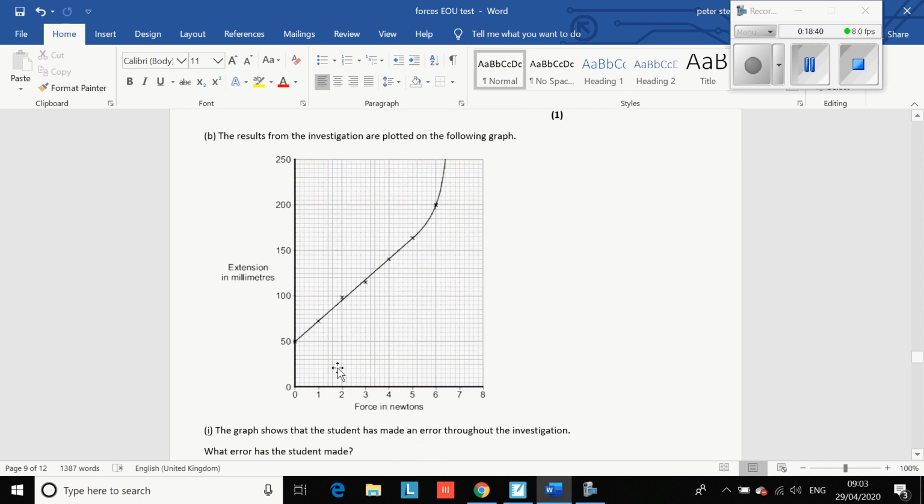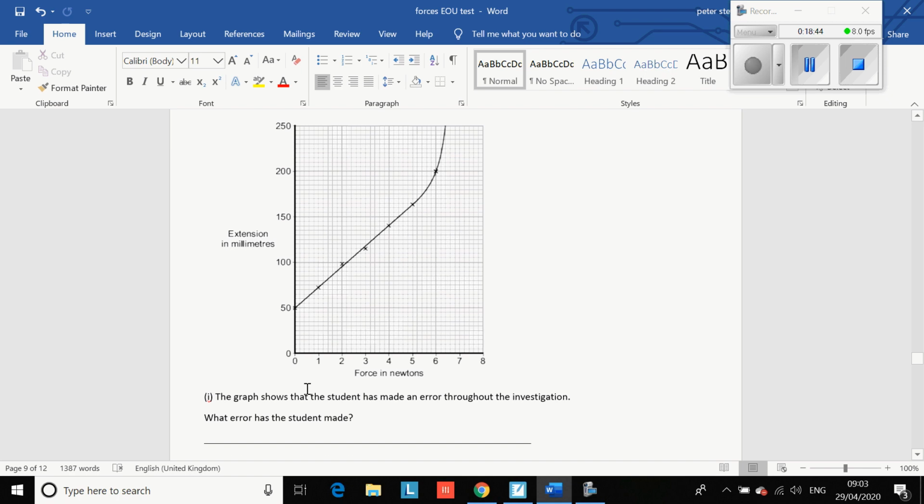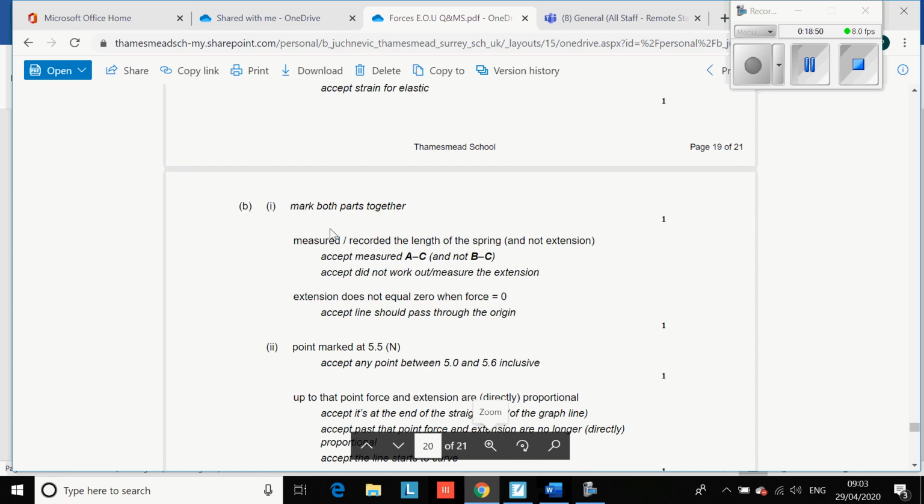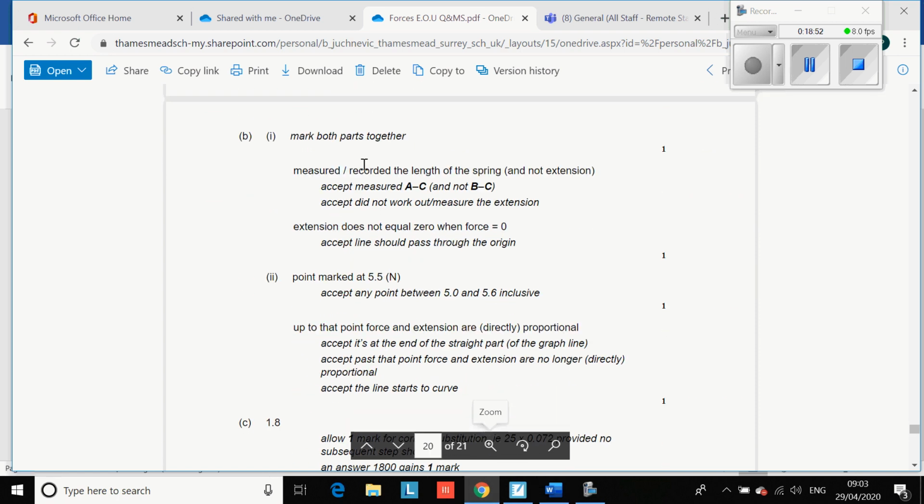The results from the investigation are plotted on the following graph. So you've got the extension in millimeters against the force. The graph shows the student made an error throughout the investigation. What error has the student made? They have measured or recorded the length of the spring and not the extension. Or he's measured between A and C, not B and C. Or the extension does not equal 0 when the force equals 0.